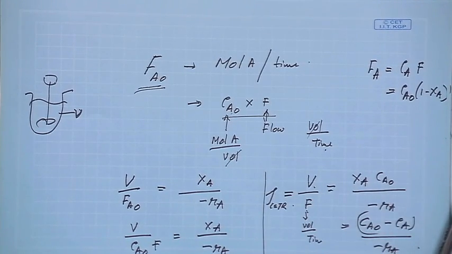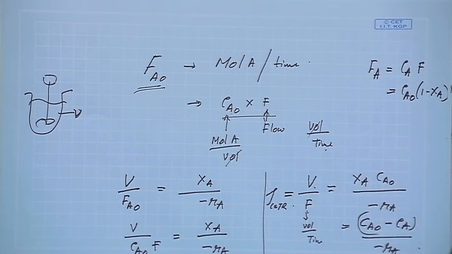Now when you do any kind of reactor design, volume is a major constraint, because when we produce any kind of product, our design criterion is under what circumstances we can have the minimum reactor size to get the desired amount of product. Because if the reactor size is small, our cost involvement in the process will be less.